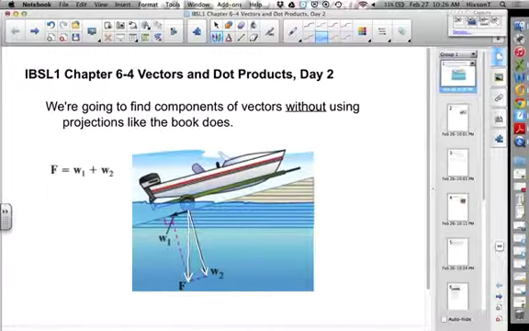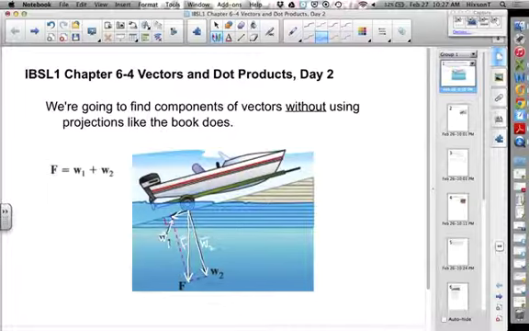And that's this vector right here. Just so you can see it a little better, they're calling W1 the vector right there. This vector here is W2. And this vector here is our force vector.